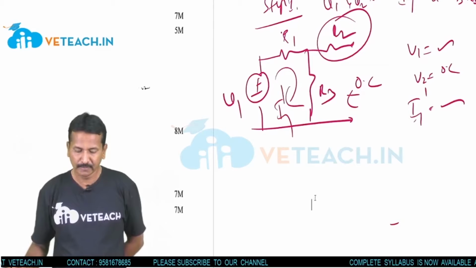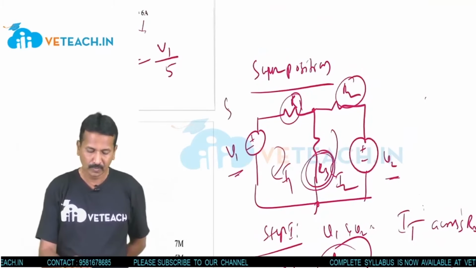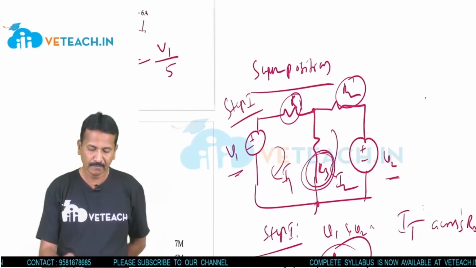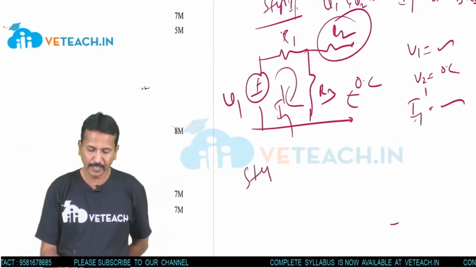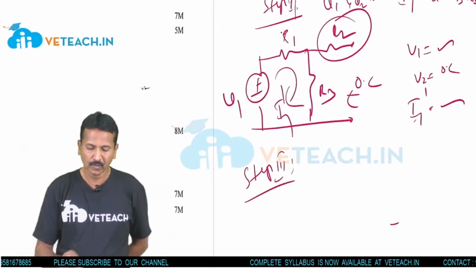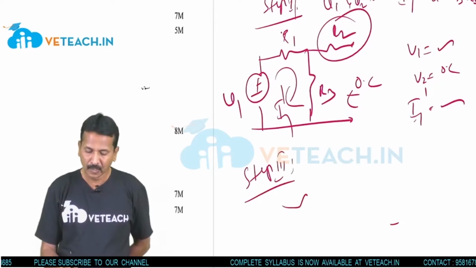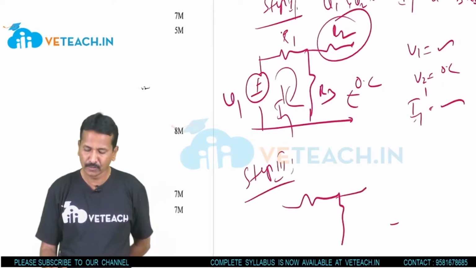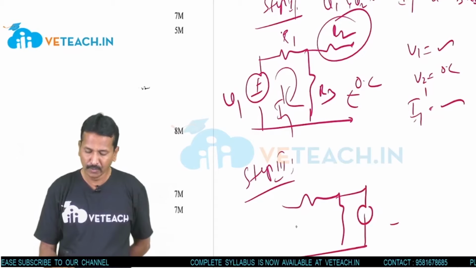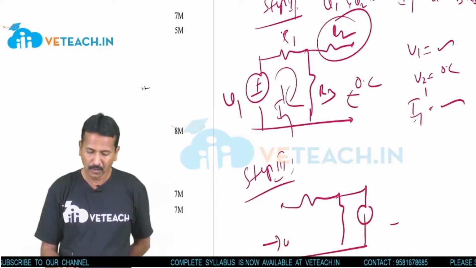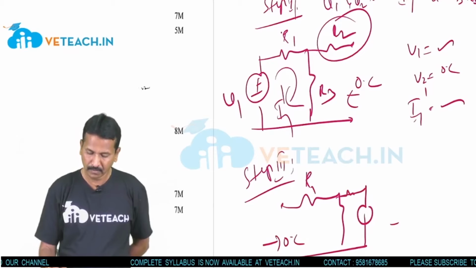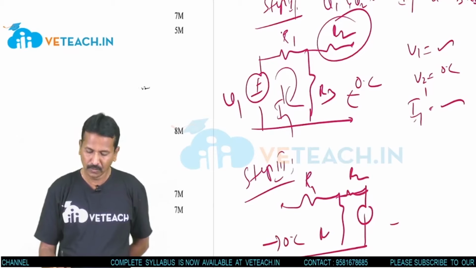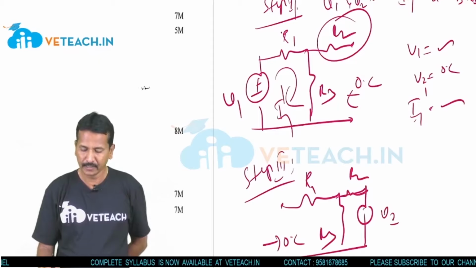So this is step 1 and this is step 2. Now step 3, what happens here? Remove the other source. Open circuit the other source, so this is V2.